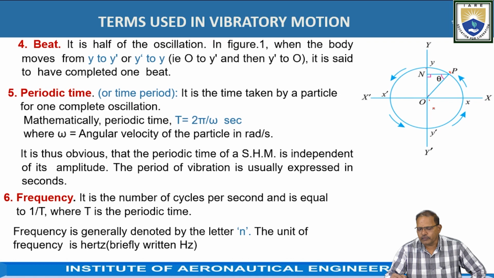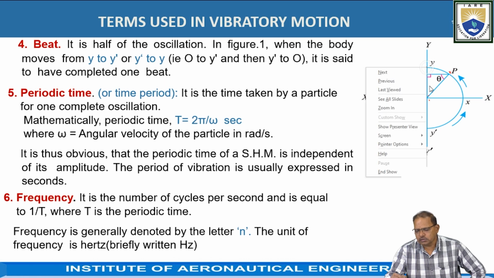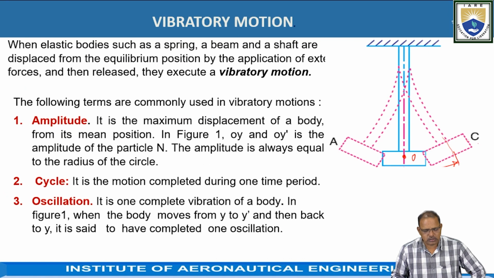If the motion of the body, that is simple harmonic motion, is completed in one time period, it is called a complete cycle. That means it has to go from Y to Y dash position and again from Y dash position to Y, then it is said to have one complete cycle. Oscillation is one complete vibration of the body in figure number 1, that is going from Y to Y dash position and then back to Y.